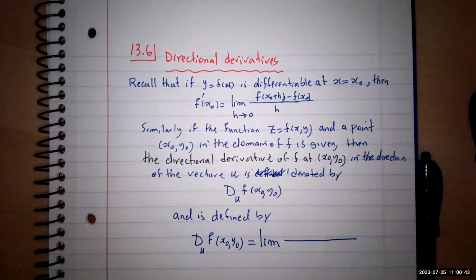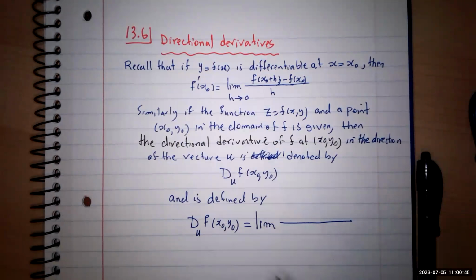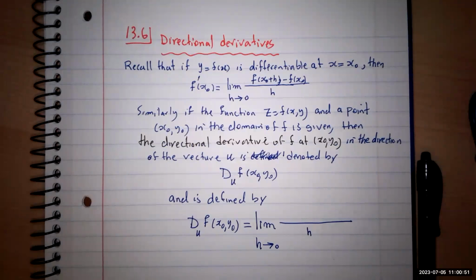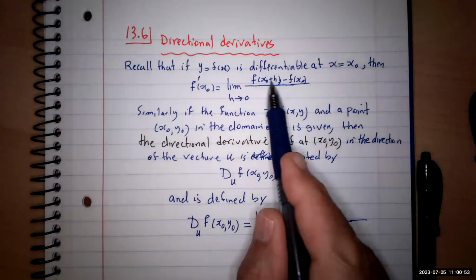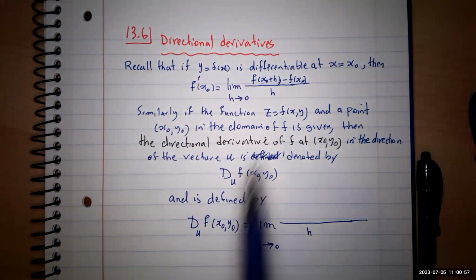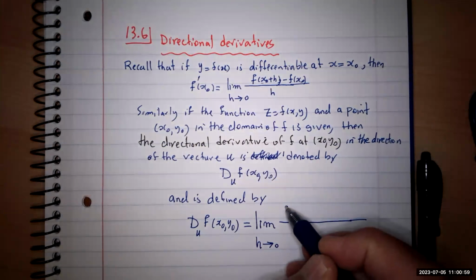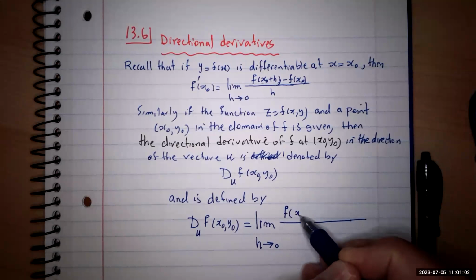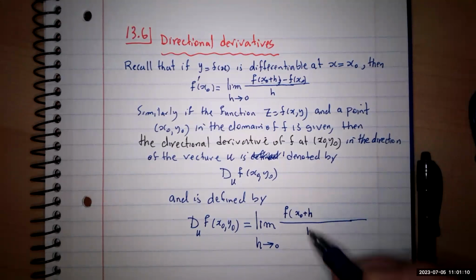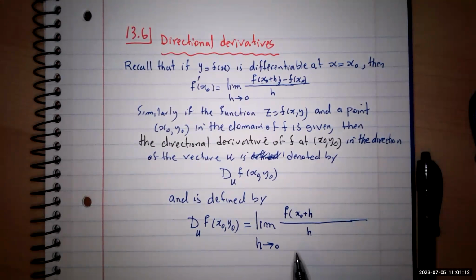h goes to 0, no difficulty. H over here as we did over there. Now I'm going to find the value of this function. But remember, I now have a function of two variables. This is going to be f of, I change the x0 into x0 plus h.